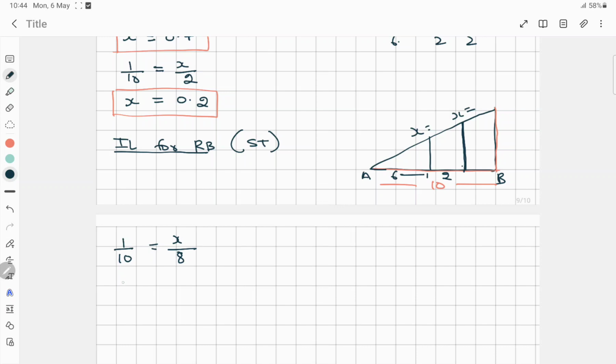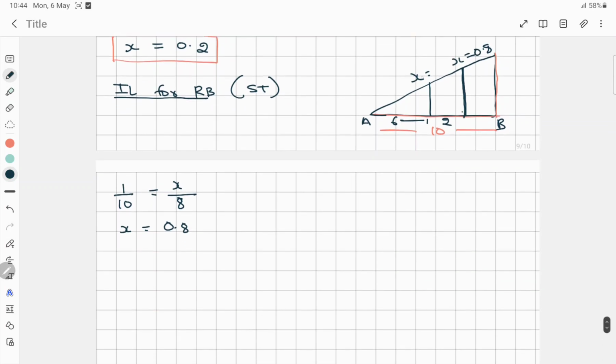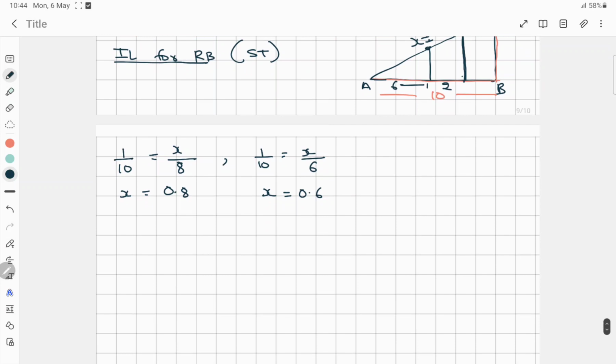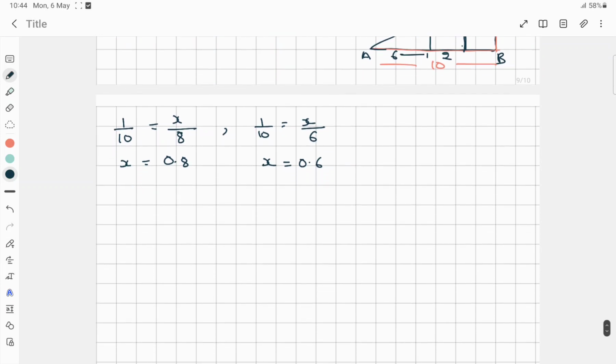So here x is equal to 0.8. Now again we have to find for this, and it will be 1 by 10 is equal to x by this distance, which is 6. So x is equal to 0.6. So these are the ordinate points of RA as well as RB.